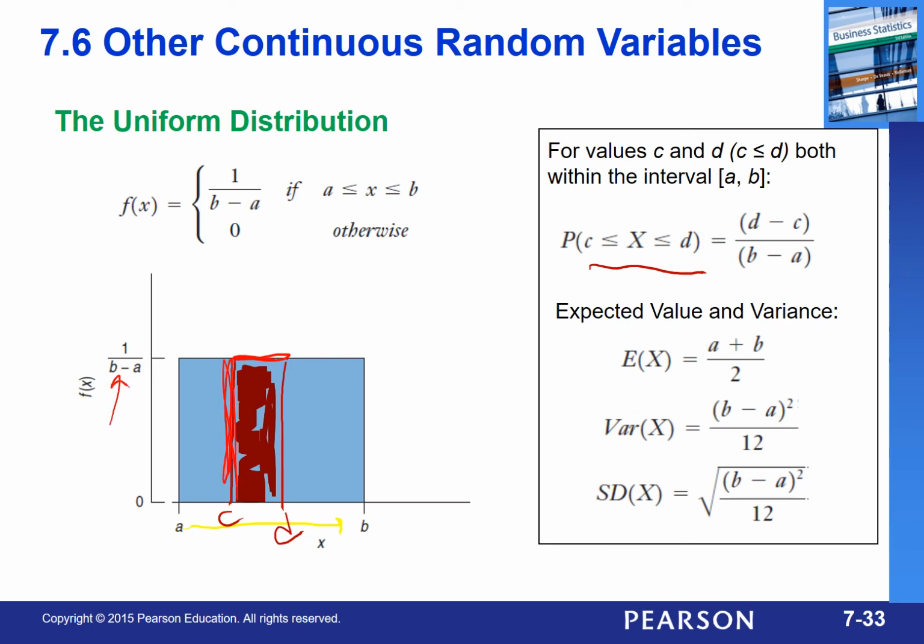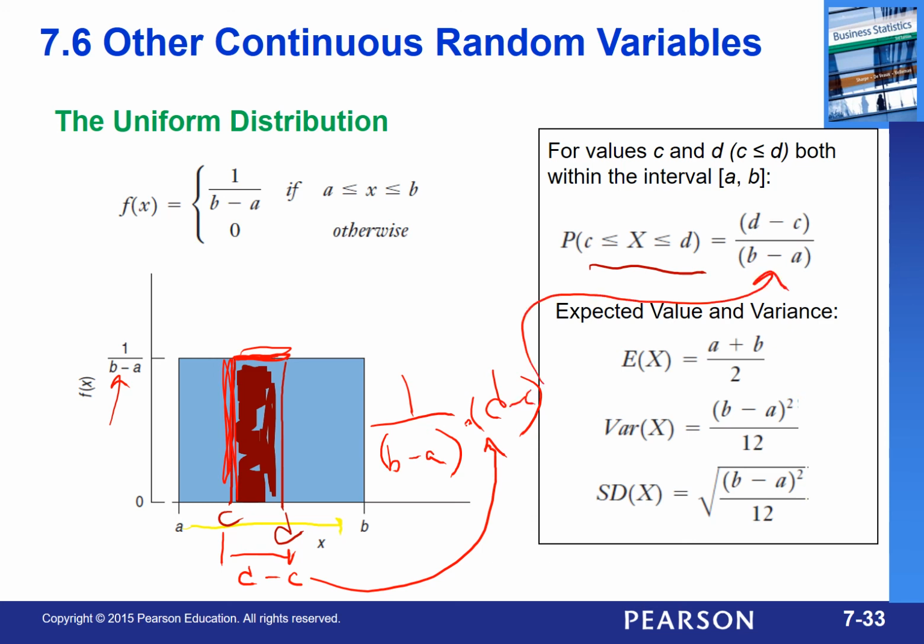Well, it's 1 over b minus a. So there's height, 1 over b minus a, times width. How wide is the rectangle? Well, it's how far c and d are apart, or d minus c. Ta-da! Sorry, d minus c, which when you multiply those together, you get the following.